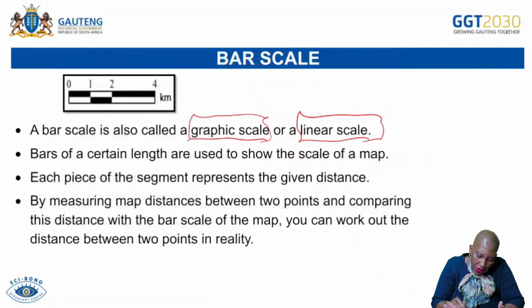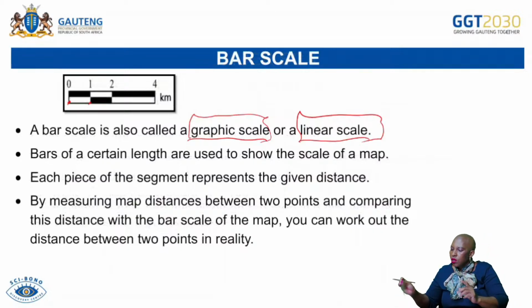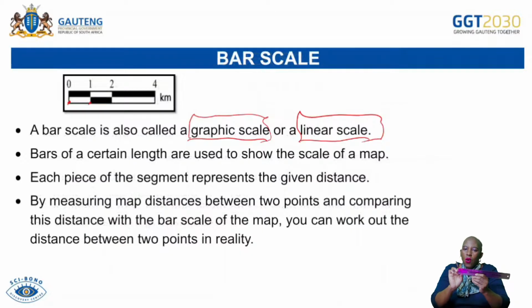So when you work with the bar scale, you take your ruler and measure from this point up until here to say how many centimeters. And usually I would advise that you measure using millimeters. You know your ruler, the millimeters have those small lines that let you be exact.